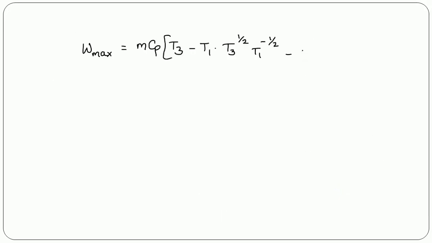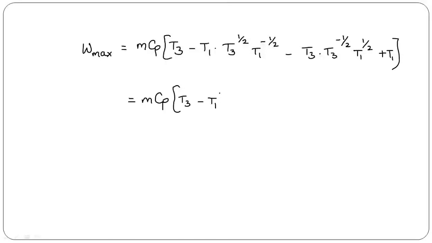So we can write this as T3 into T3 power minus 1 by 2 T1 power 1 by 2 plus T1. Now from this we can write this as mCp T3 minus T1 power 1 minus 1 by 2 into T3 power 1 by 2 minus T1 power 1 by 2 T3 power 1 minus 1 by 2 plus T1.